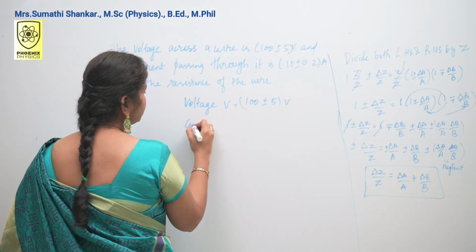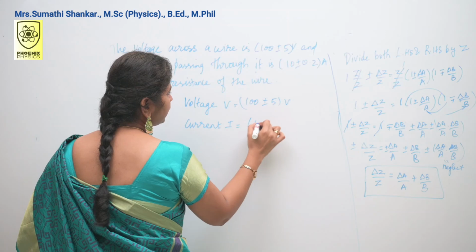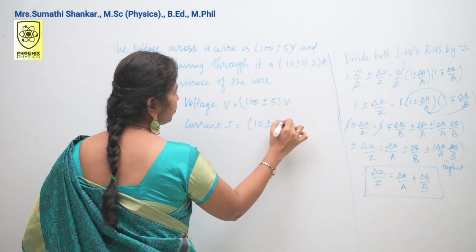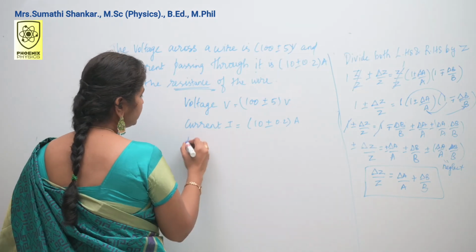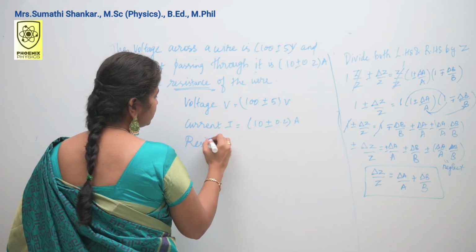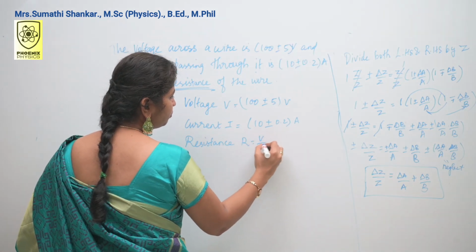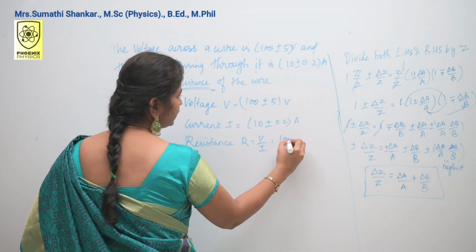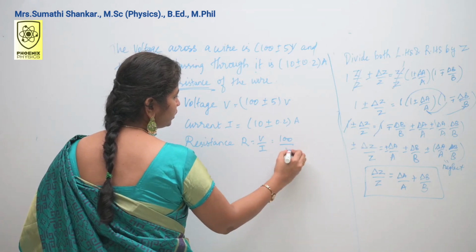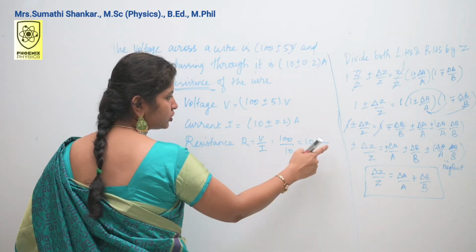Then current I is equal to 10 plus or minus 0.2 ampere. We are going to find out the resistance. What is the formula for resistance? R is nothing but V by I. Here V is 100 and I is 10, so your answer is 10 ohm. Unit for resistance is ohm.